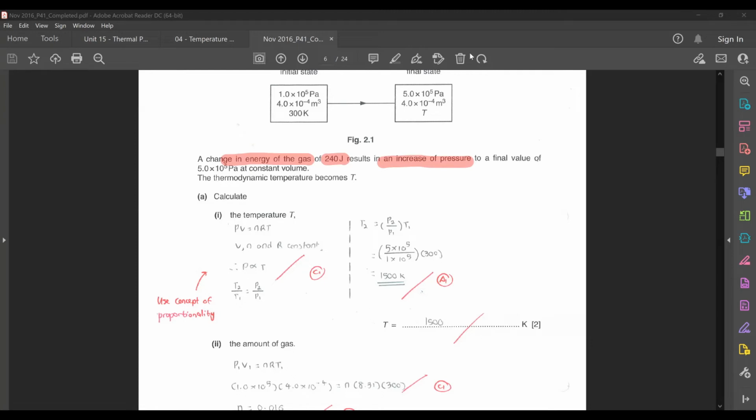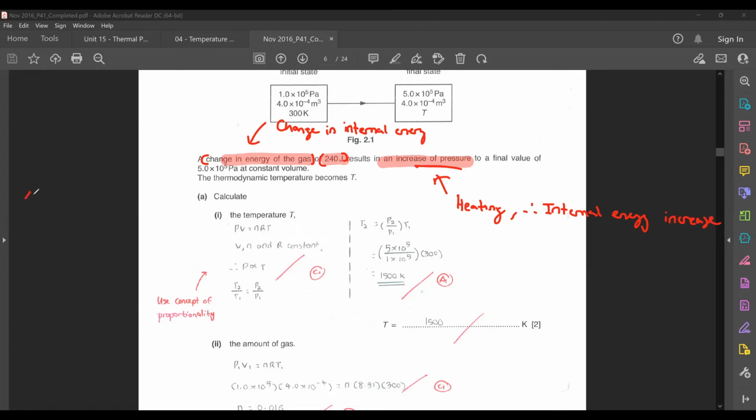So this one, a change in energy of the gas at 240 joules, this one refers to the change in internal energy. Okay. And because we have increase in pressure, this implies heating. Therefore, internal energy increase. Okay.